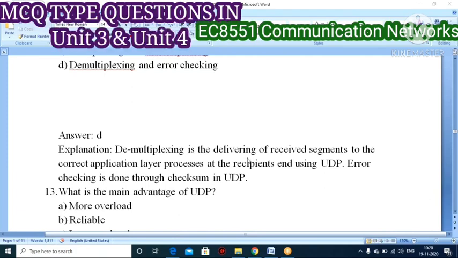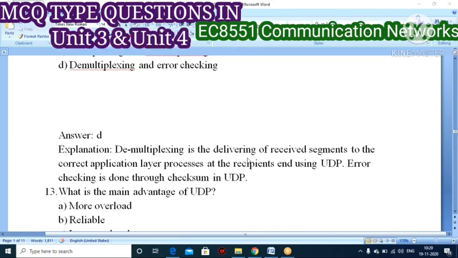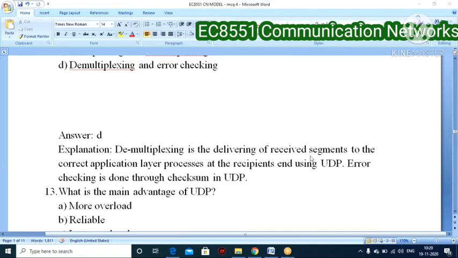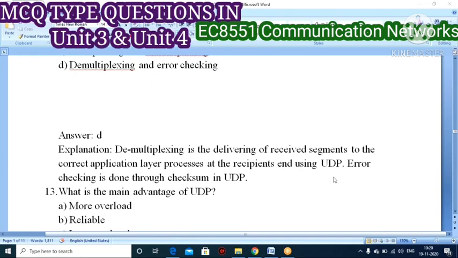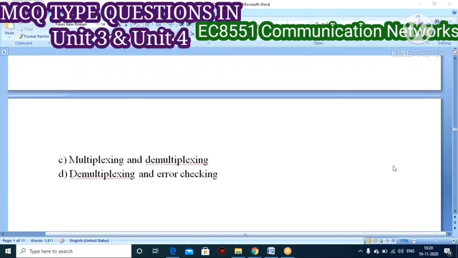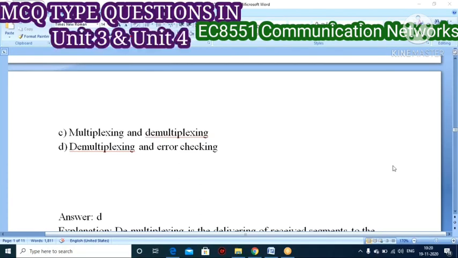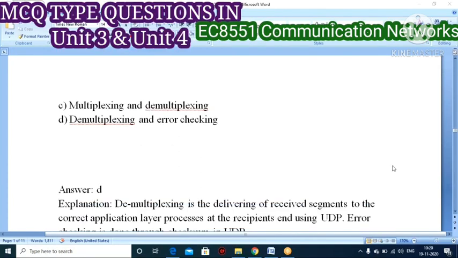You are receiving data from many sources, but it reaches one particular point, so it is sent to the correct application layer process at the recipient end. Error checking is also done through the checksum in UDP.